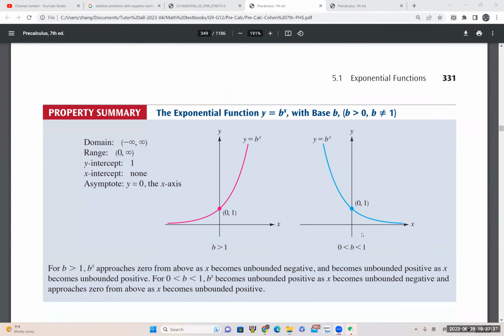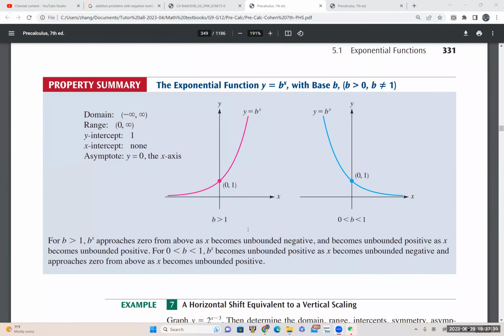Property summary. Yeah, if b is greater than 1, it's increasing. This is decreasing, right? But if you multiply, for example, if you get y equals negative b to the x, then it goes from increasing to decreasing, right?